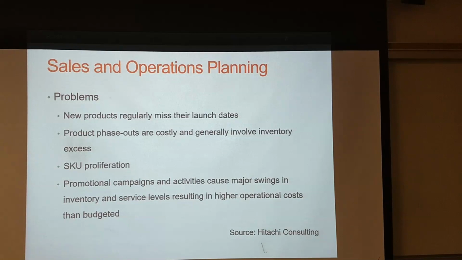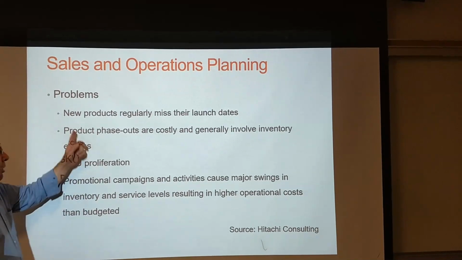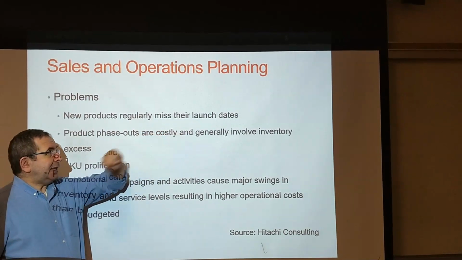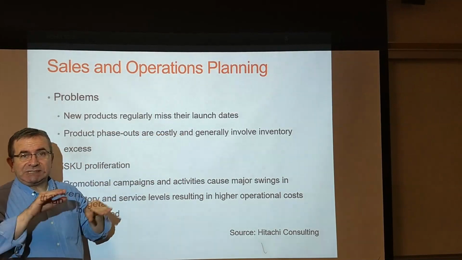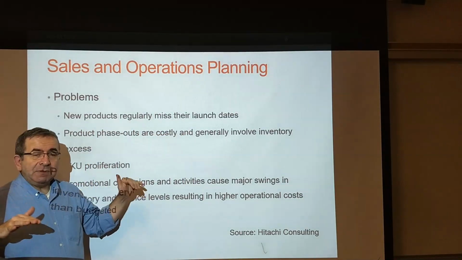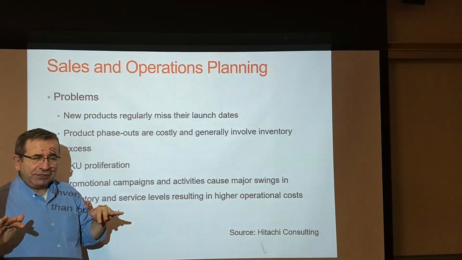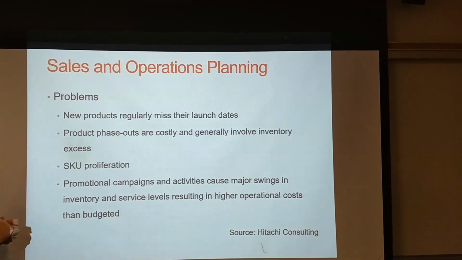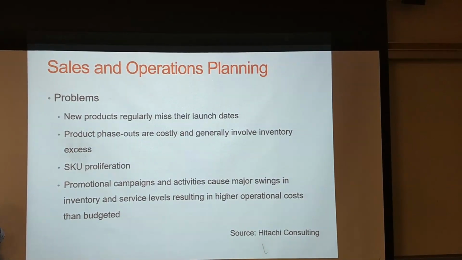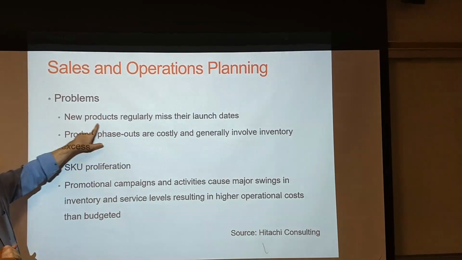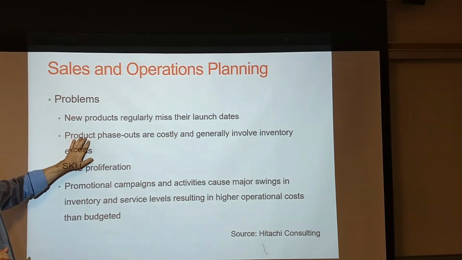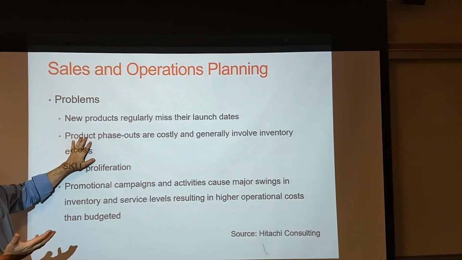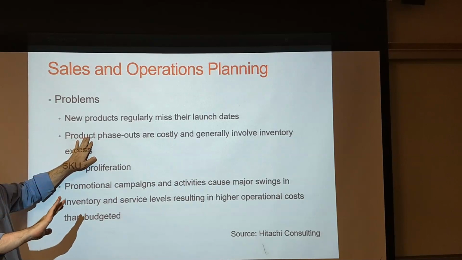In addition, especially when you launch new products, they can miss their launch dates because every department works off a different plan, off a different forecast. Then there are product phase-outs, which is when you have a product that you don't want to produce anymore and you want to phase it out.